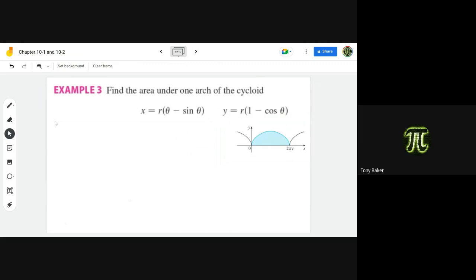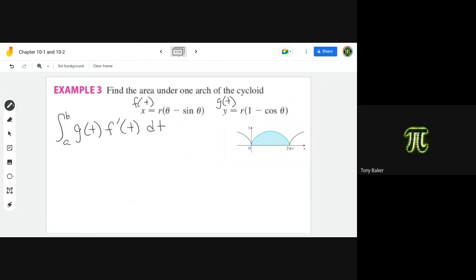So remember, we're taking the integral from A to B of g of t times the derivative of f of t dt. This is f of t, and that's g of t. In this case, it's not necessarily t, it's actually going to be theta.